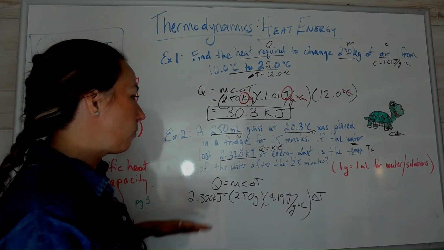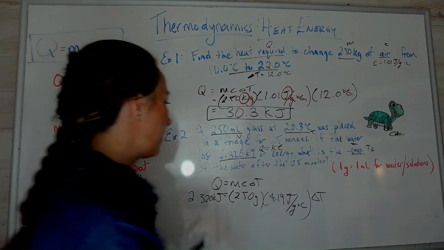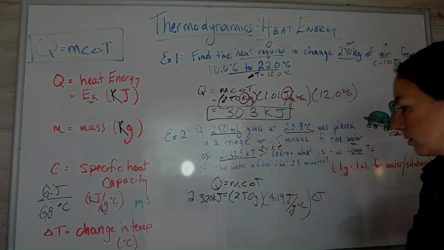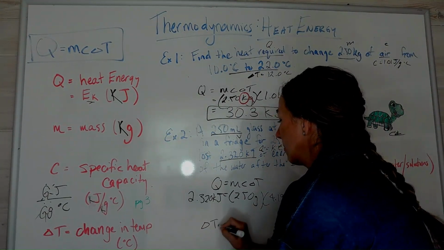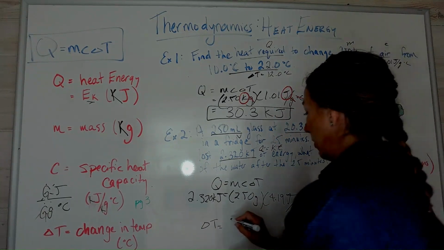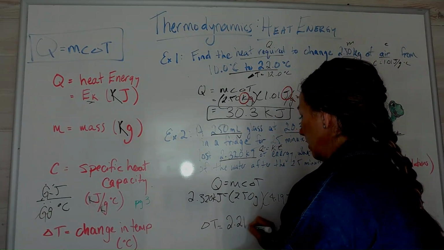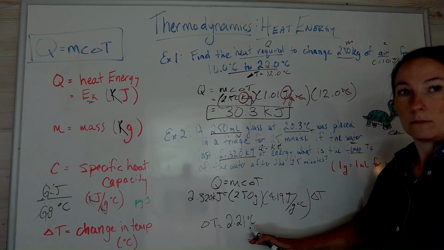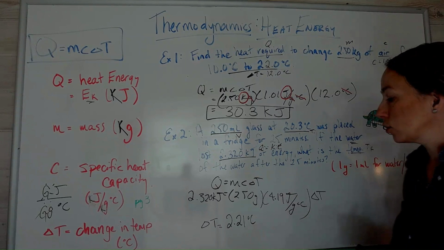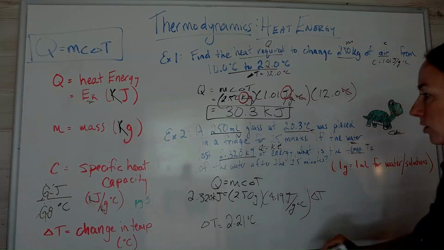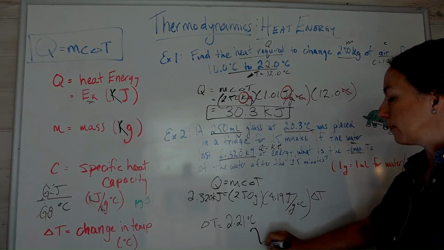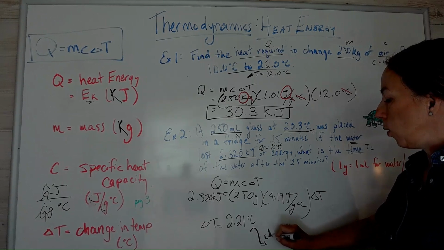So solving for delta T here, right? I'm going to divide both sides by 250, divide both sides by 4.19. And my delta T ends up being 2.21 degrees Celsius. Okay. So if my delta T is 2.21 degrees Celsius, then I look at the situation and I'm like, oh my goodness, it's being put in the fridge. It's getting colder.